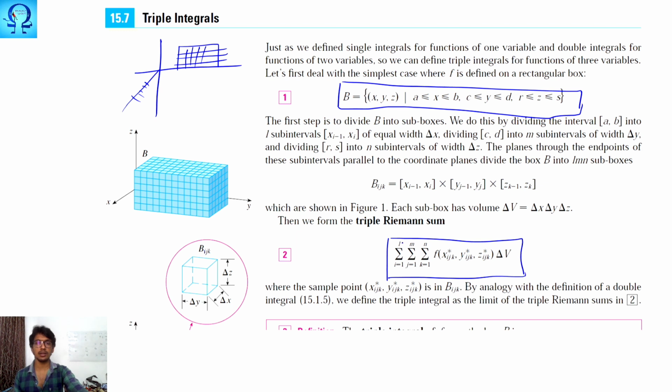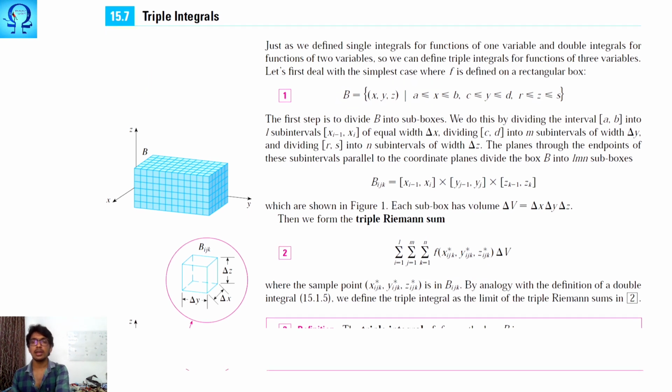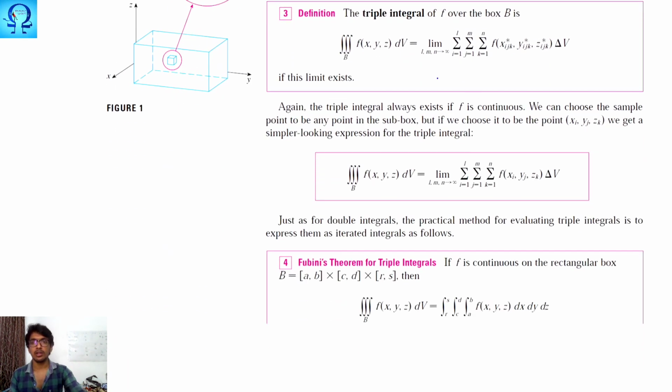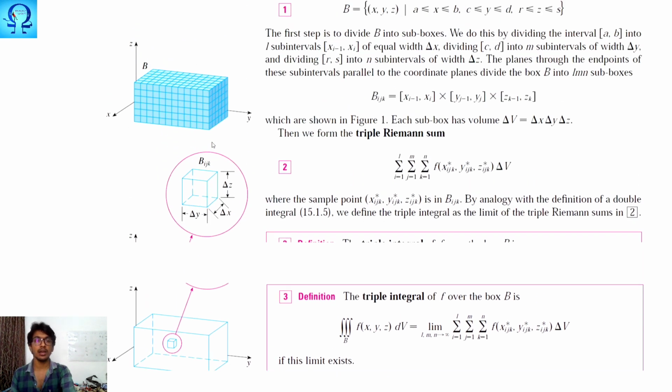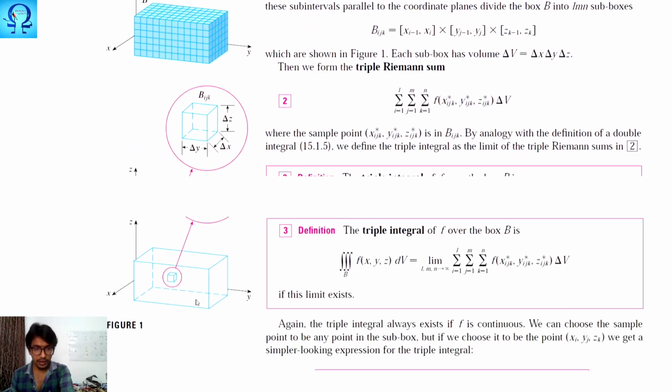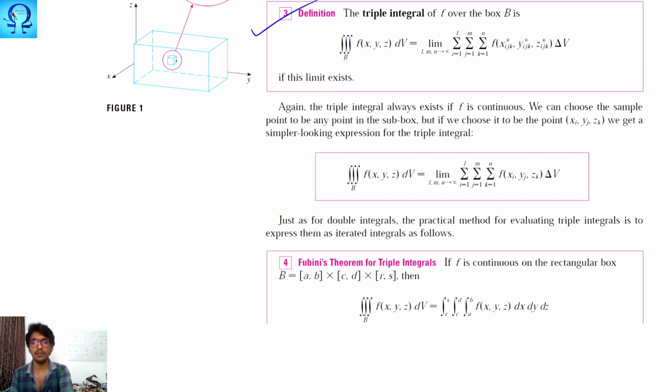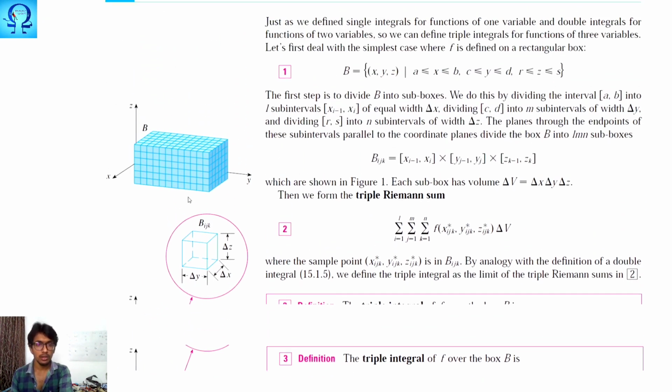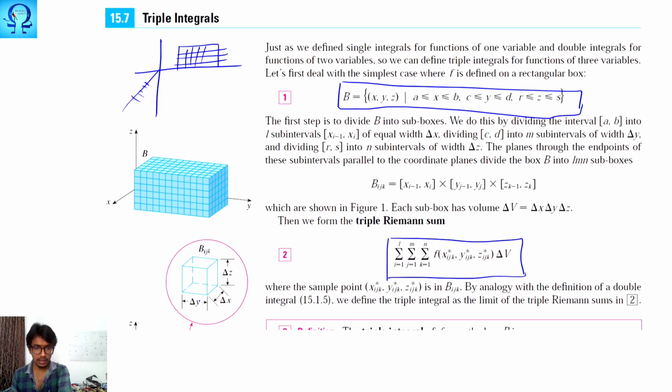As we did there, we took the limit as m and n approach infinity. Here you will also have to take l going to infinity. When you do that, you get your triple integral. This is your entire region over which you will have to integrate. From this you take a very small cuboid, given like this: this is your delta x, this is your delta y, and this is your delta z.